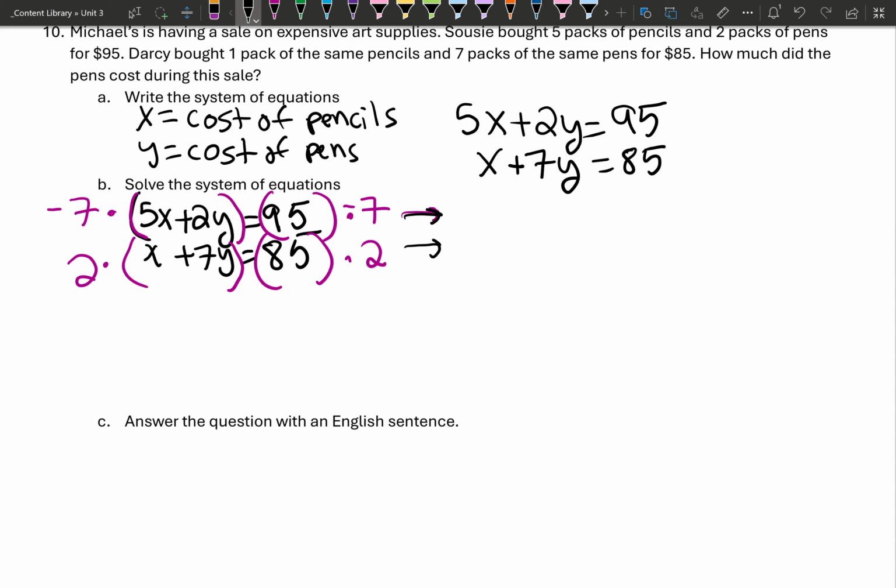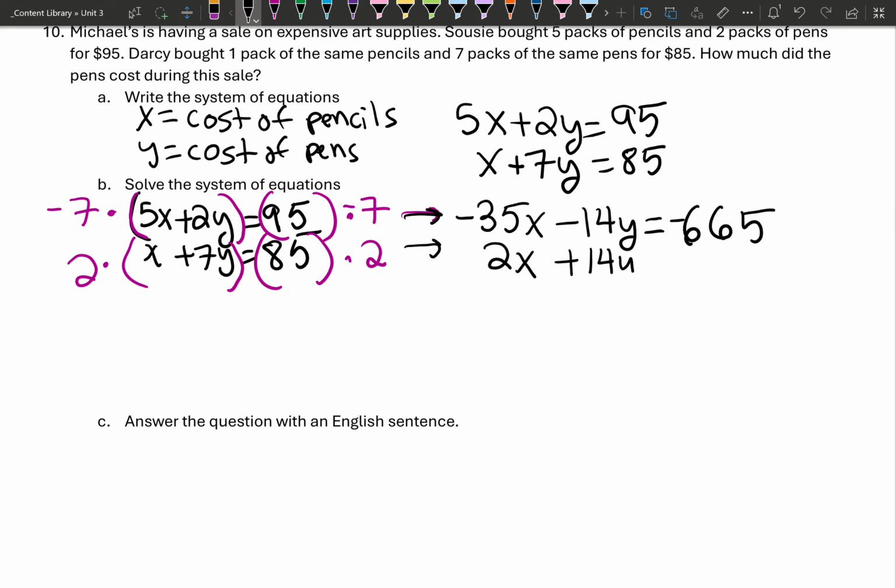Our two new equations are negative 35x minus 14y equals 95 times -7, which is 665, but make it negative. The bottom, 2 times x is 2x, 2 times 7y is 14y, and 2 times 85 is 170.